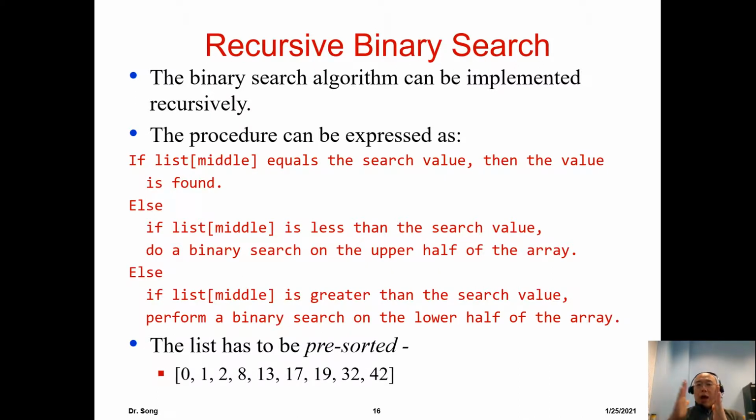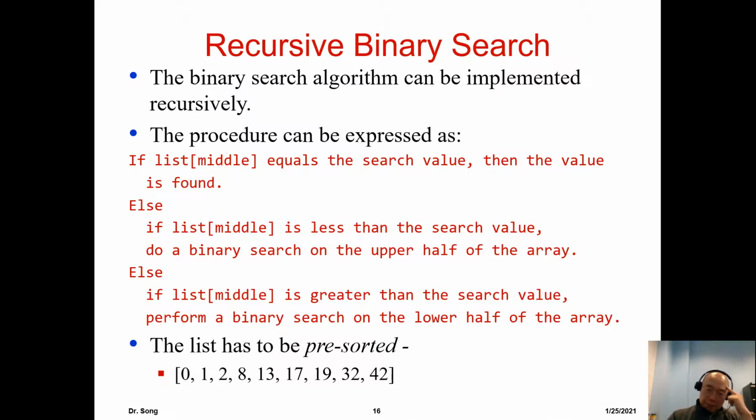So I'm only searching from the middle to the end because I'm looking for a larger value than the middle. Similarly, if the middle value is greater than the value I'm looking for, then I have to search from the beginning to the middle because that is the smaller half. So that is the thinking of the binary search.